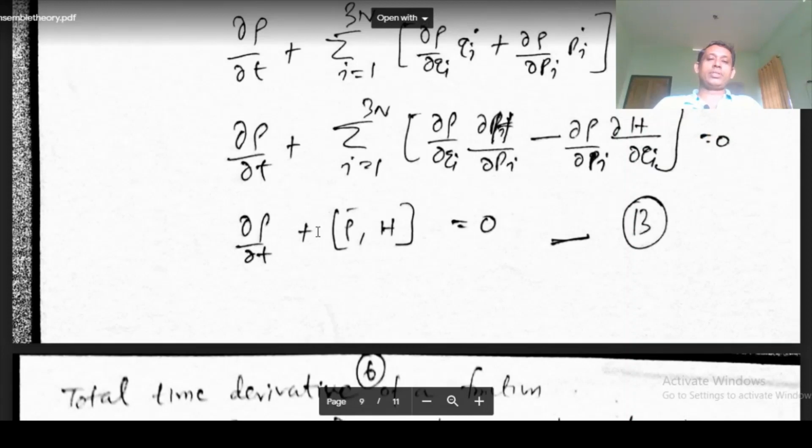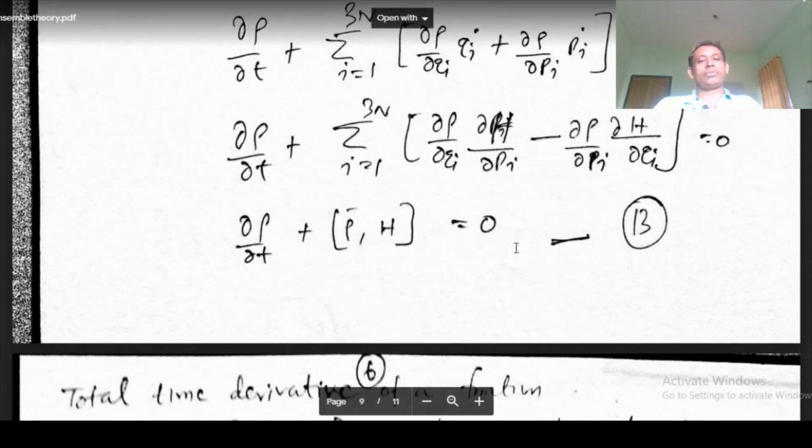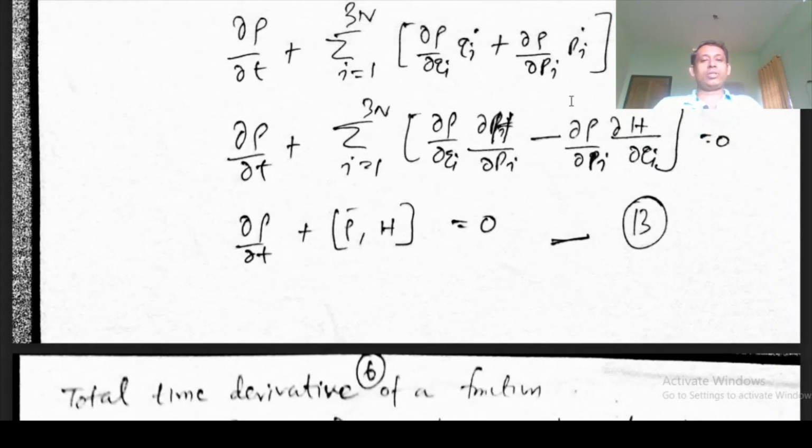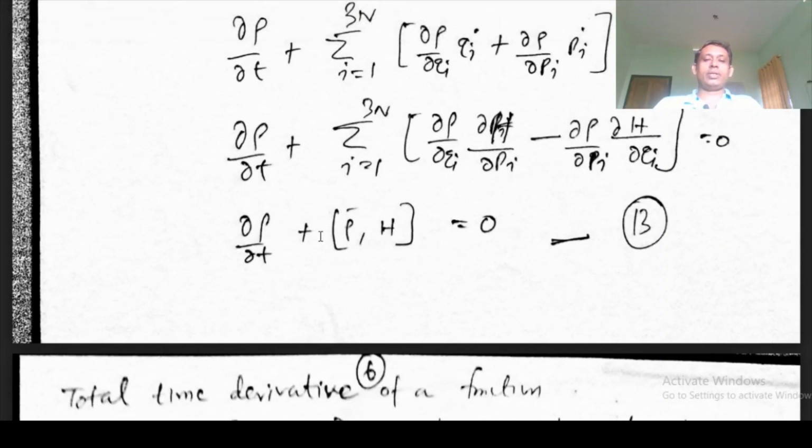So I have this Poisson bracket of rho, H. This is actually the Poisson bracket of rho, H.